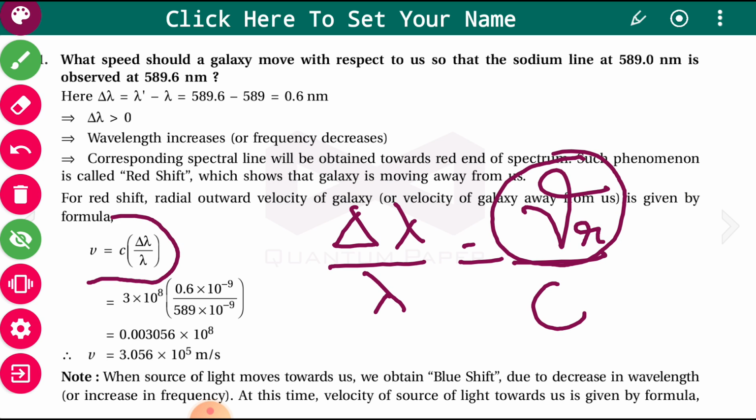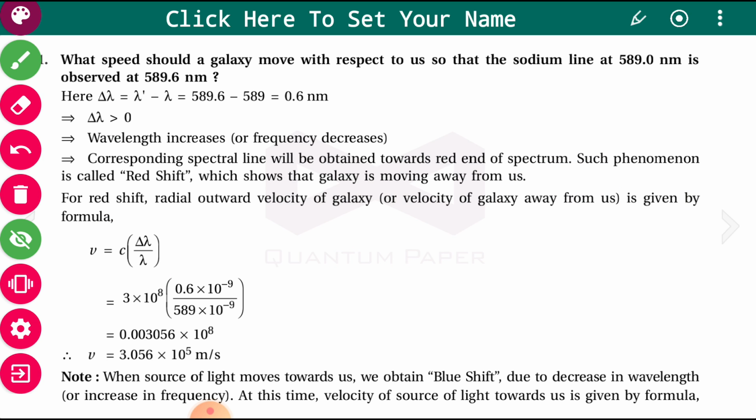Then we have v is equal to c into delta lambda upon lambda, and you just have to place all the values here. c is known to us, 3 into 10 raised to 8 meter per second. Delta lambda we got 0.6 nanometer, so 0.6 into 10 raised to minus 9, and original wavelength lambda is 589.